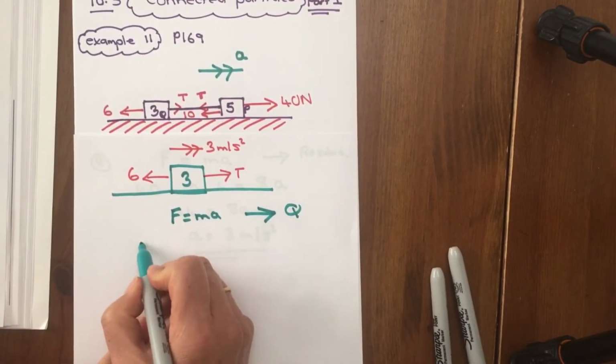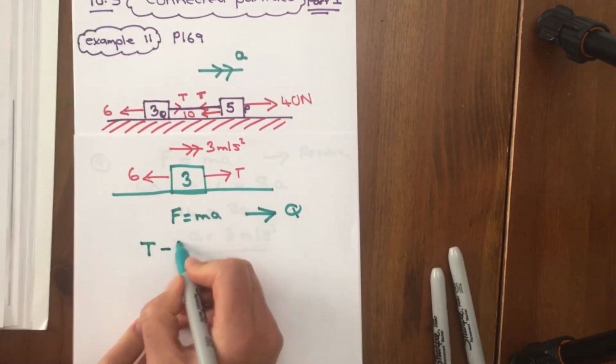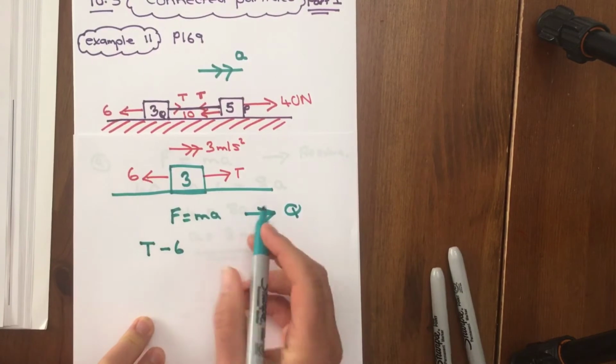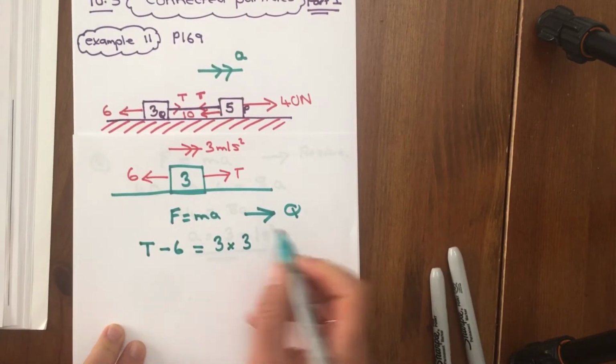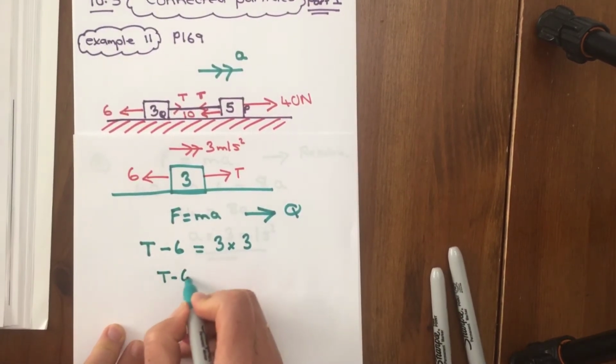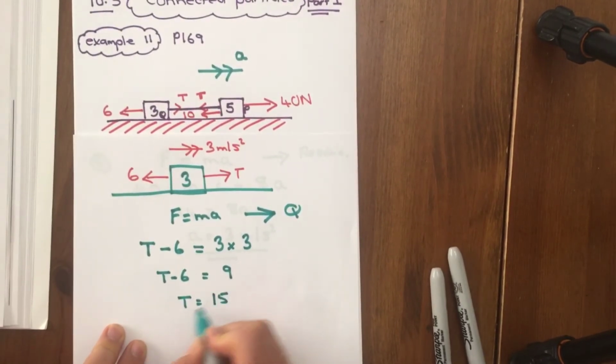So I've got T force going to the right, minus 6 going to the left, equals my mass times my acceleration. So T minus 6 equals 9, so T equals 15.